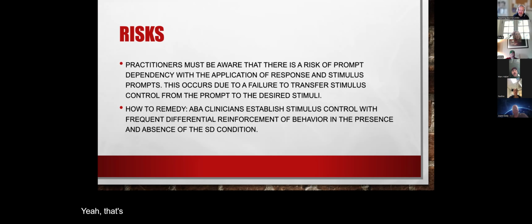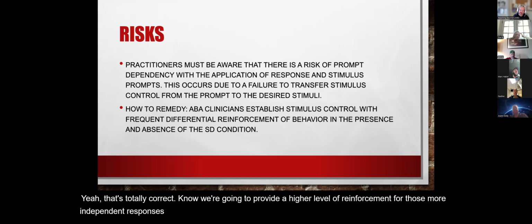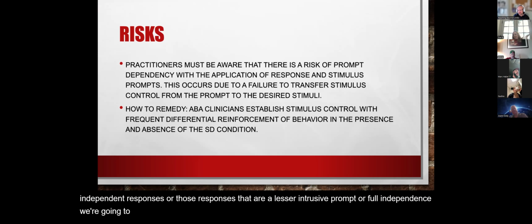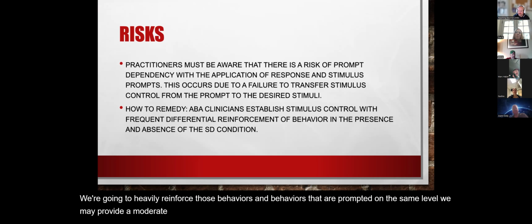We're going to provide a higher level of reinforcement for those more independent responses, or those responses that are a less intrusive prompt or full independence. We're going to heavily reinforce those behaviors. And behaviors that are prompted on the same level, we may provide a moderate level of reinforcement.